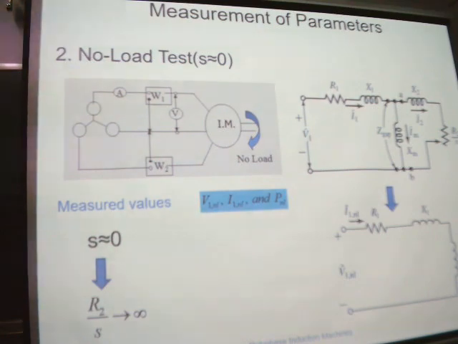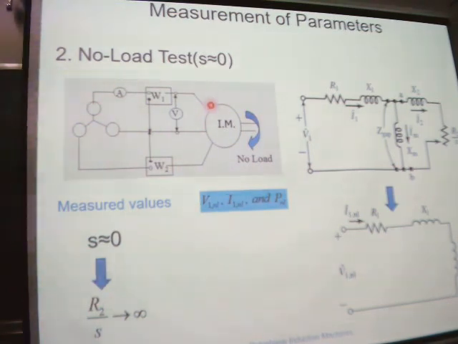From the measurement, the V here is a line to line voltage. We can calculate the line to phase voltage by dividing.